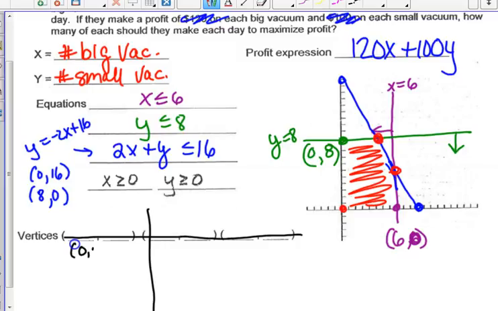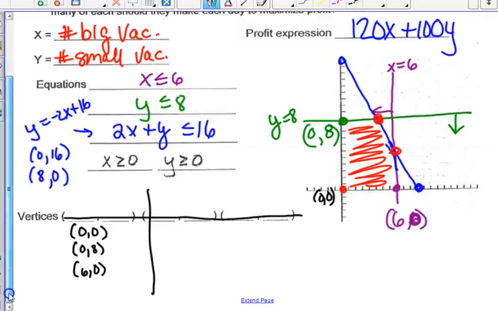So one of the corners is at 0, 0. One of the corners is at 0, 8. One of the corners is at 6, 0. But now I need to figure out these intersection points. This one is which two lines? It's the green and the blue on my picture.